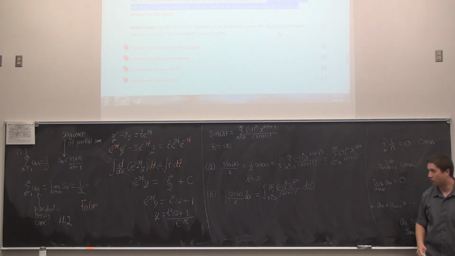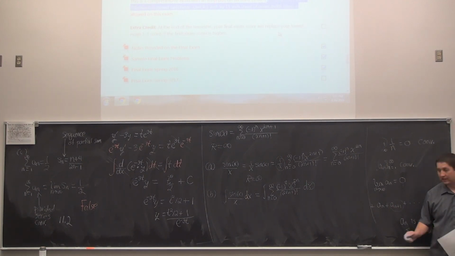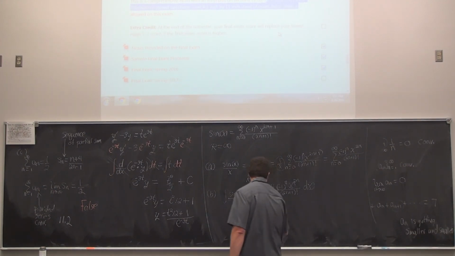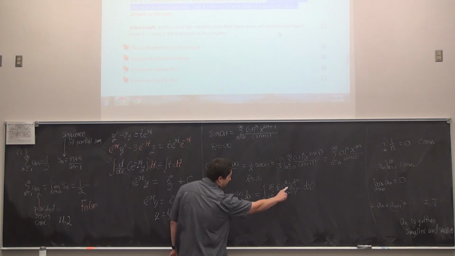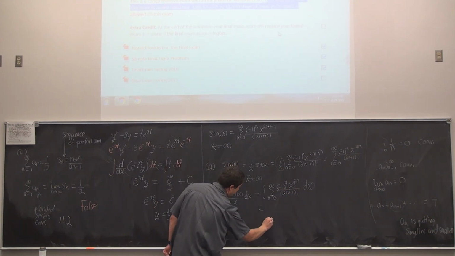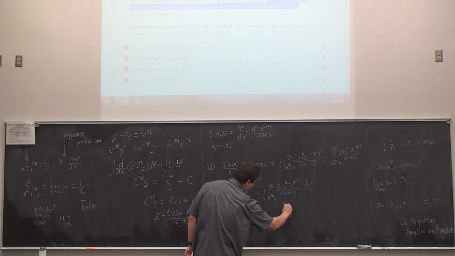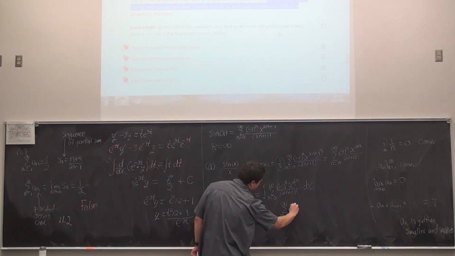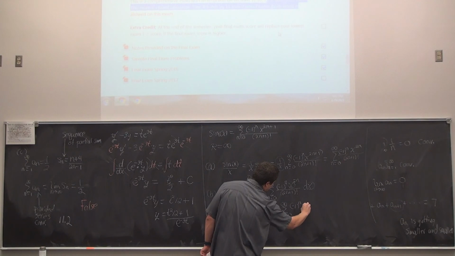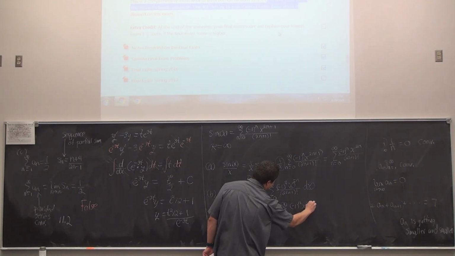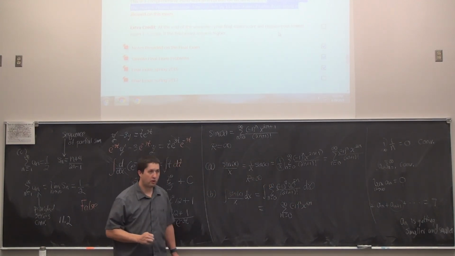But the negative 1 to the n and the 2n plus 1 factorial are constants in the process of taking this antiderivative. So even though it looks really crazy here, focus on this, and you would get the summation as n goes from 0 to infinity of negative 1 to the power of n, x to the power of 2n, and something changes.